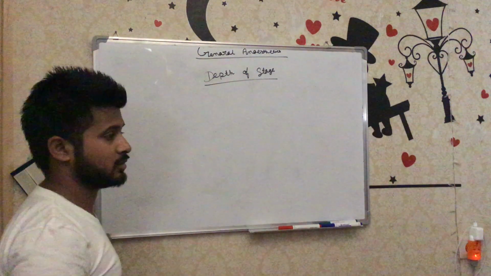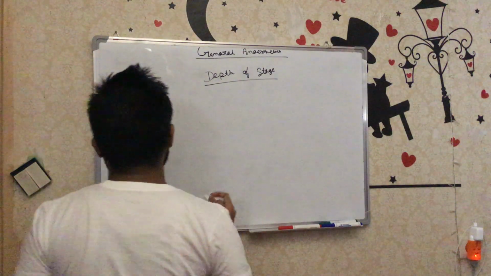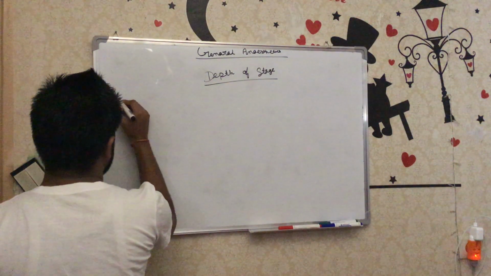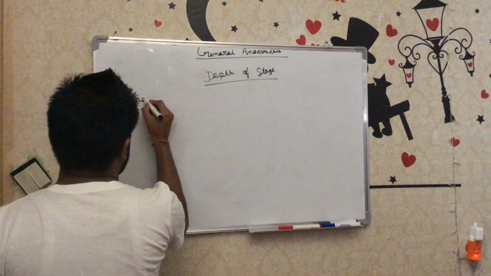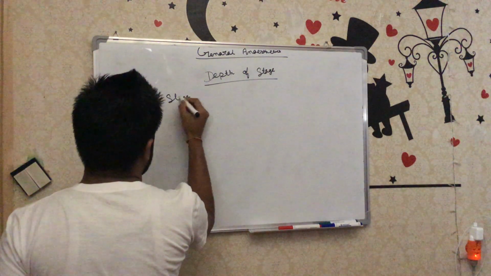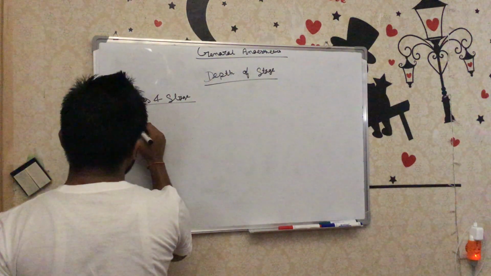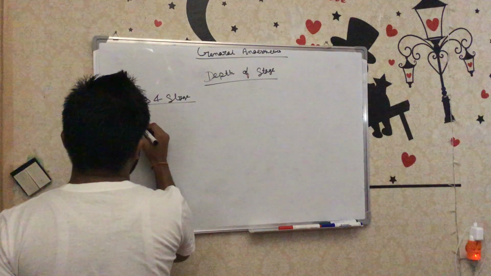How much does it depress the CNS? That is called the depth of the stages. It has 4 stages. First stage is called analgesia.